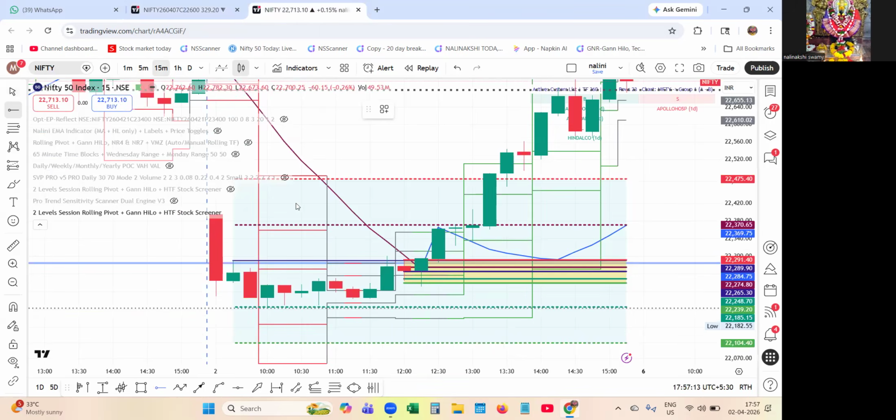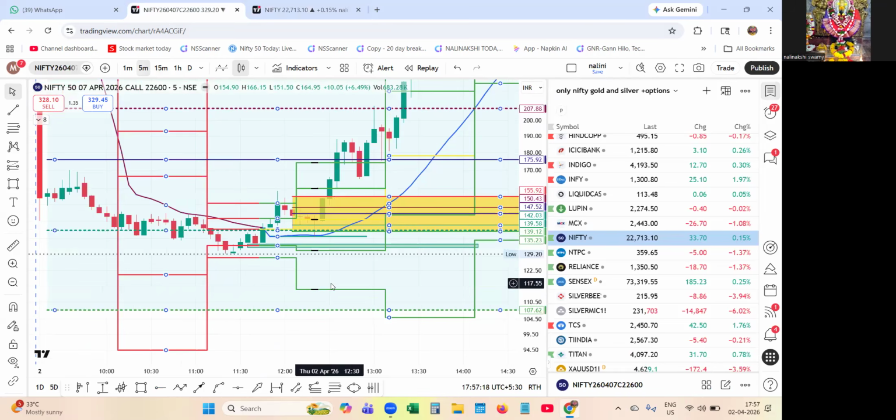There comes the, see, it was not going below the support, but the call option was moving below the support. I selected an out of the money call option when the market was around 22,000, 21,200, 280.